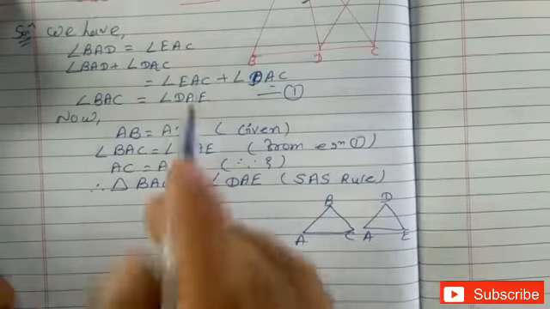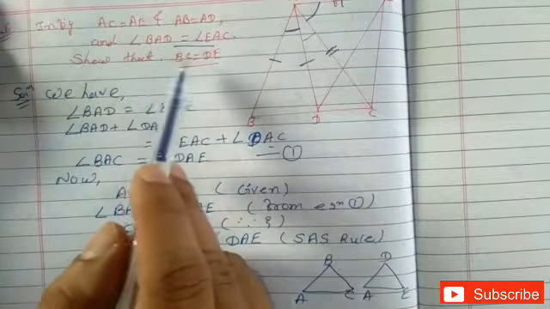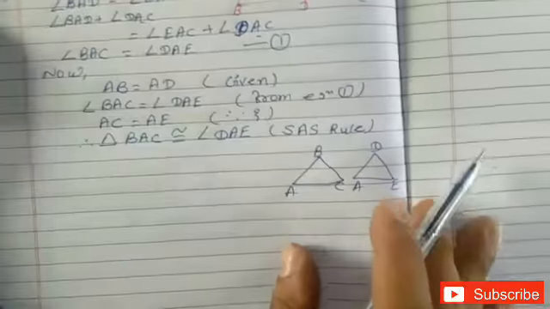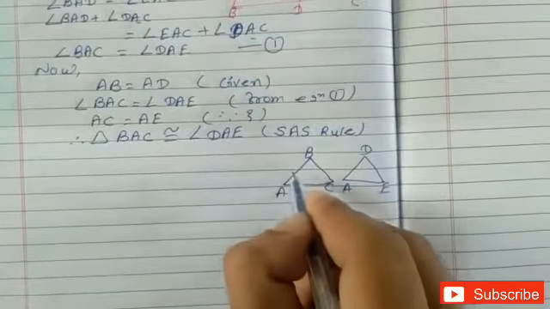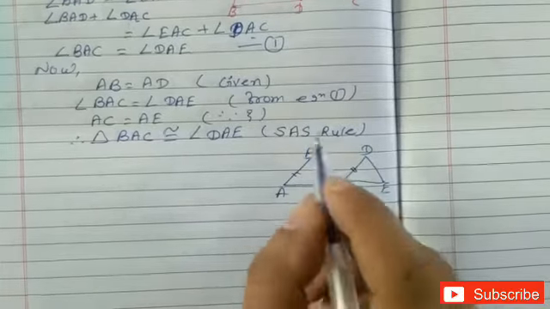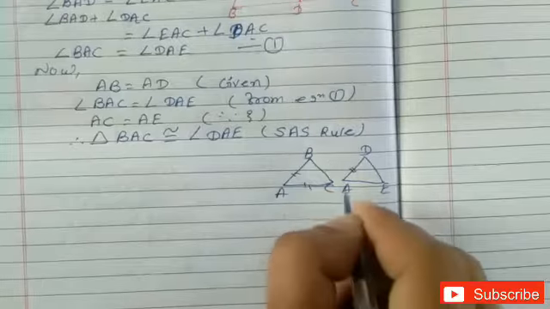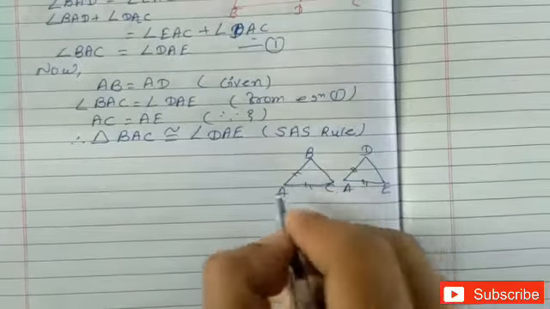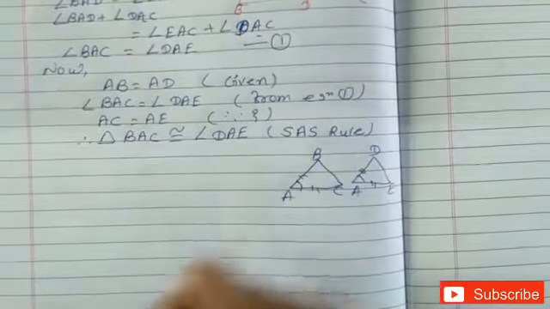Now in this question we need to show that BC is equal to DE. Okay, BC is equal to DE. So look at here, in both triangles AB is equal to AD, am I right? Here AC is equal to AE, okay, and BAC, this one, is equal to DAE.